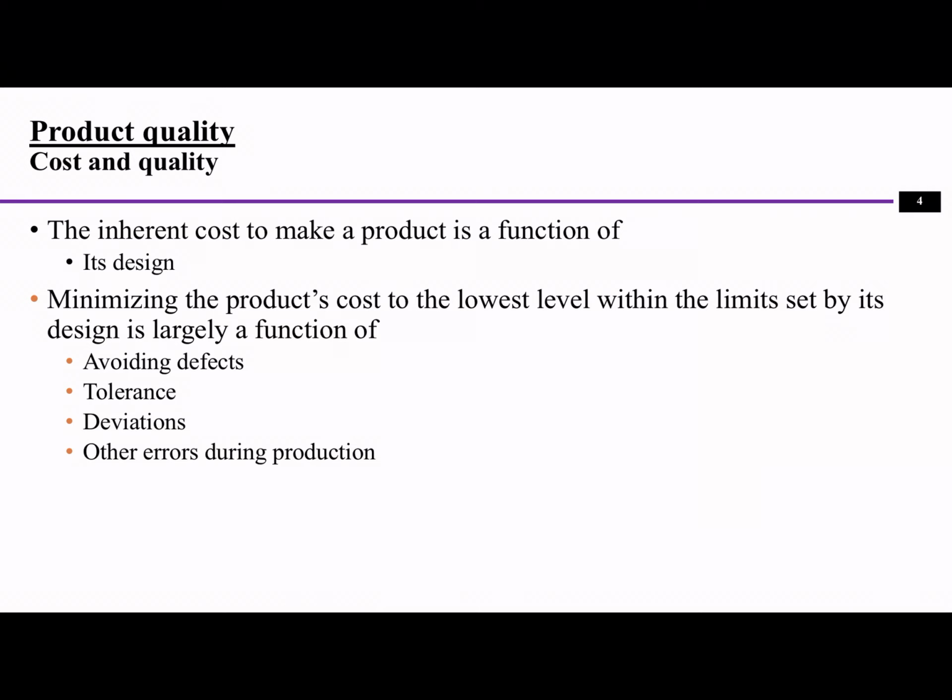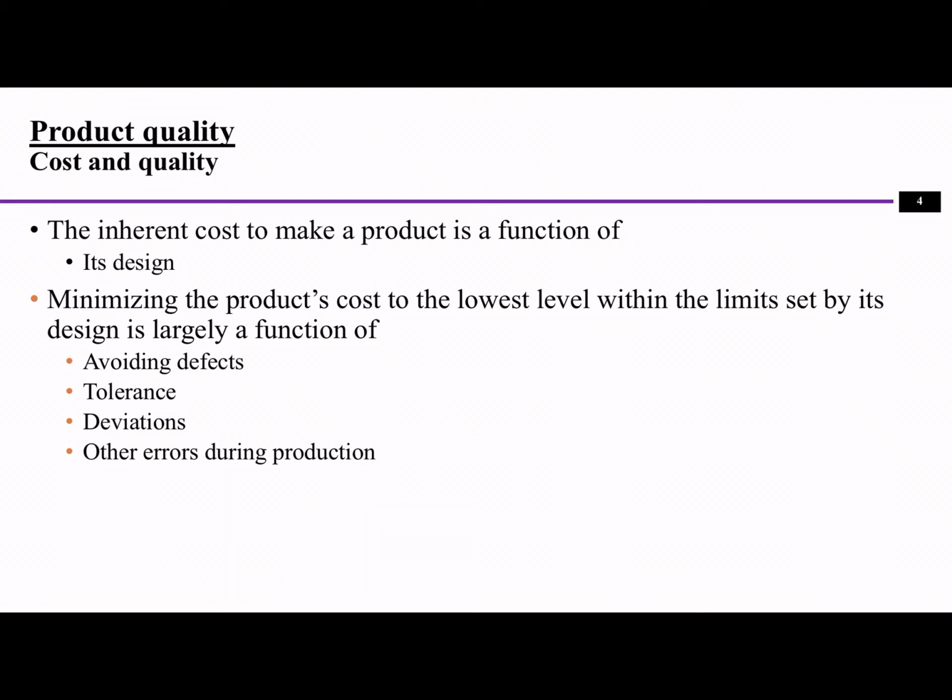But if it is possible for the designer to widen the tolerance without affecting the functions of the product, it is actually encouraged that we do not set really narrow tolerances, because the cost of the process will go up with narrow tolerance.